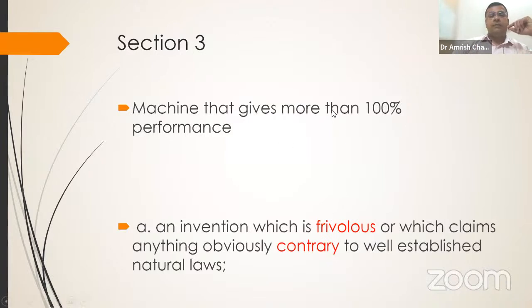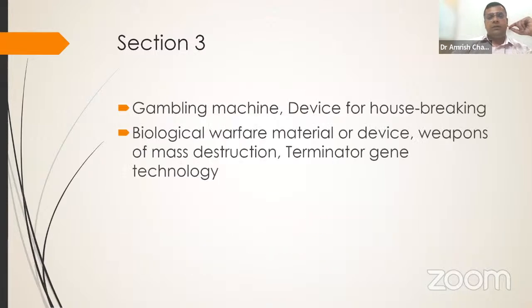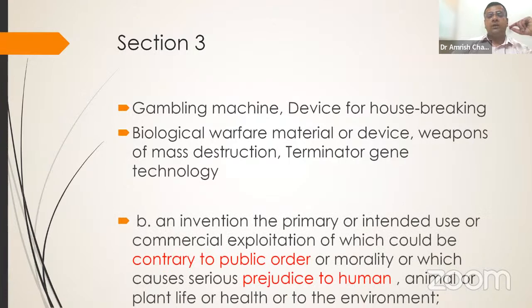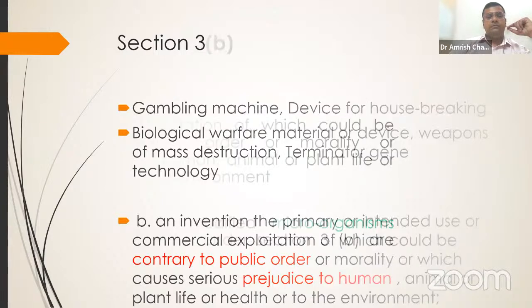So if you make any machine which says that my machine will give 100% performance, it is contrary to the laws. There's always wear and tear and friction laws. Such things are absurd and will not be patentable. If you are using something which is against the public order, like a gambling machine, or if you want to make something for biological warfare, such things are against humanity and will not be patentable.